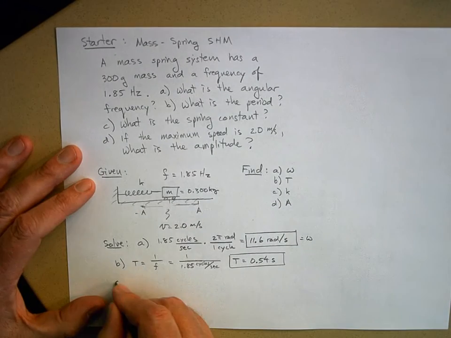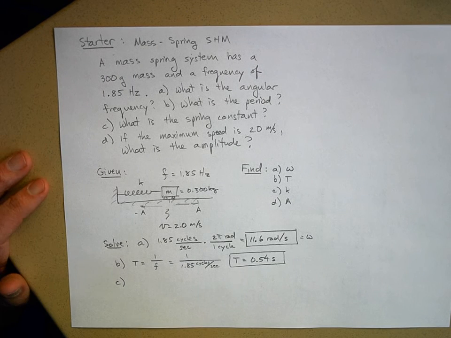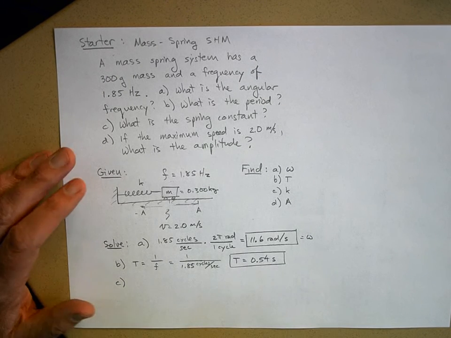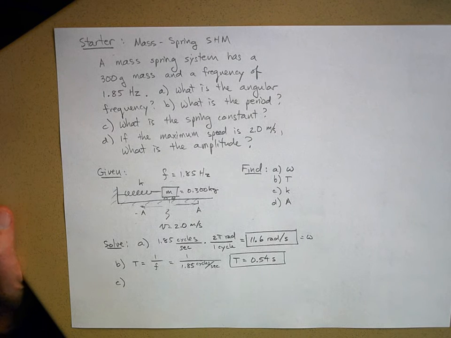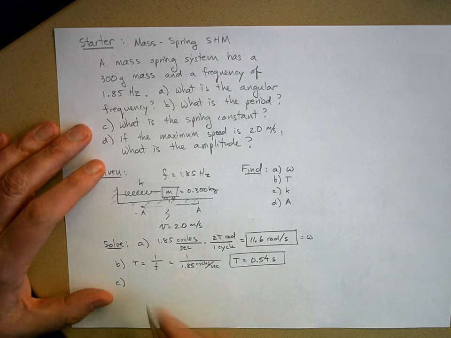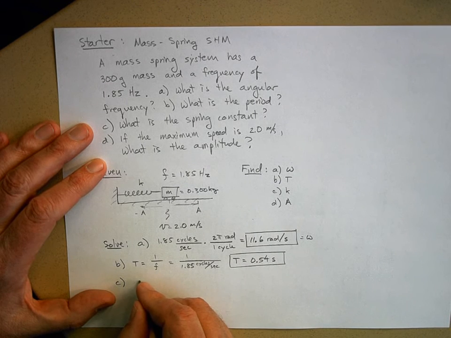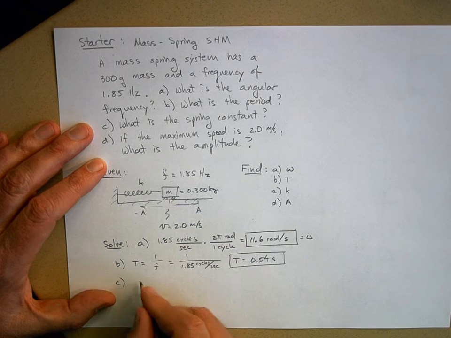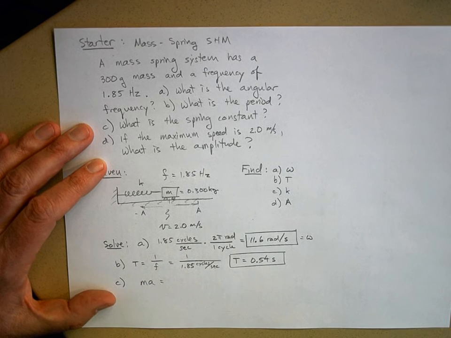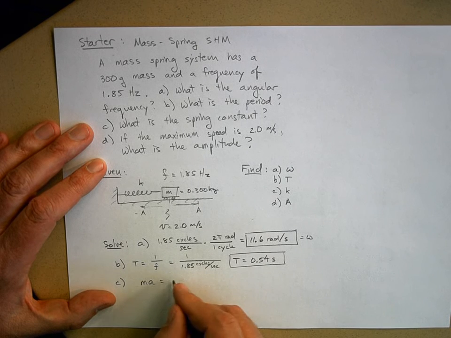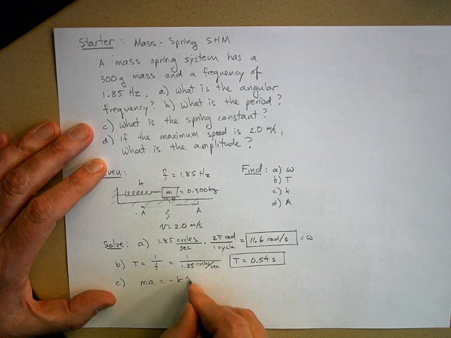Now for part C, well, I always forget, is it M over K or K over M? And you can use the units to figure it out, but here's what I like to do. I like to say, well, the force that the spring applies is the net force, and the net force is equal to MA, and MA is equal to negative KX.